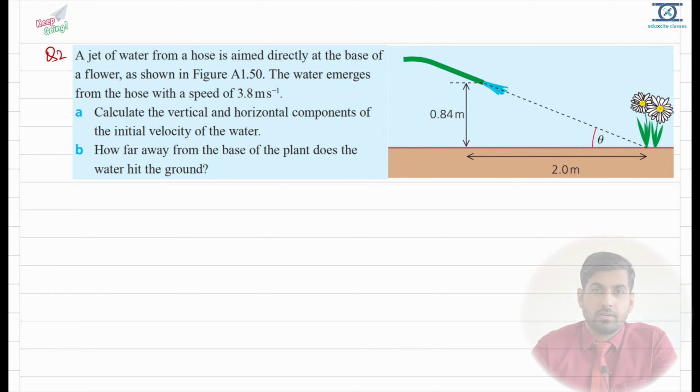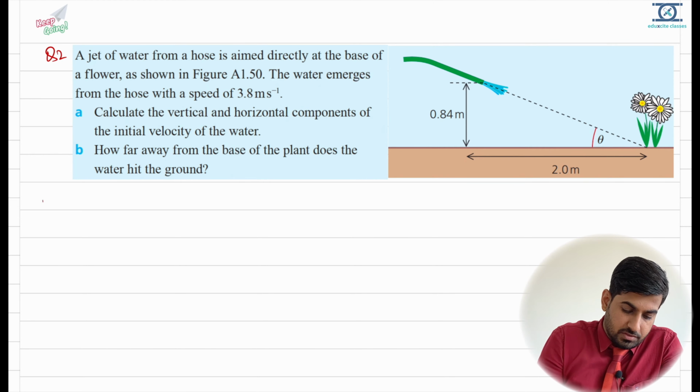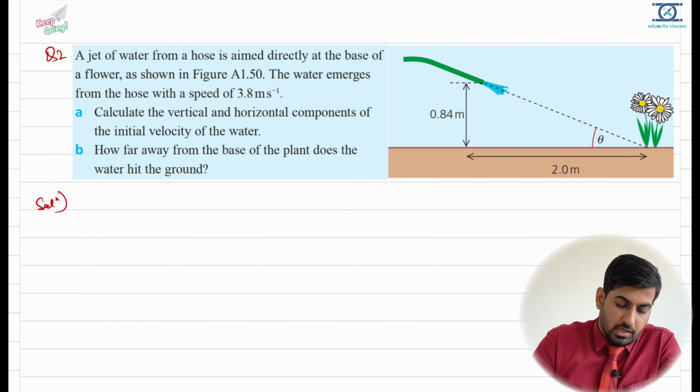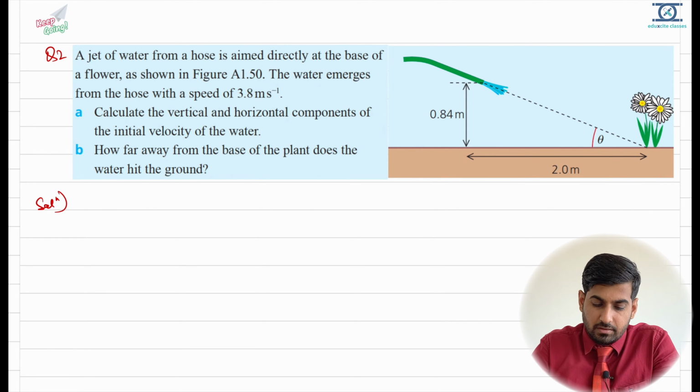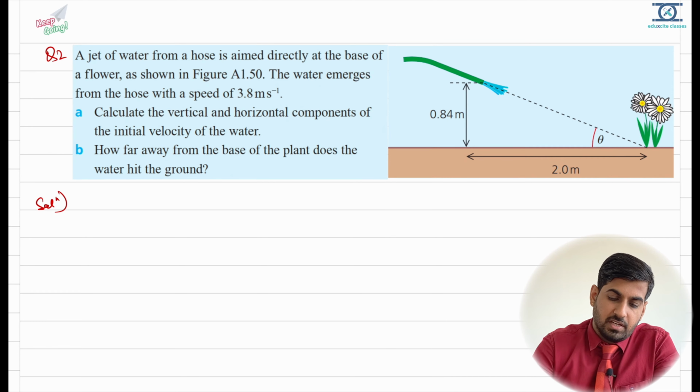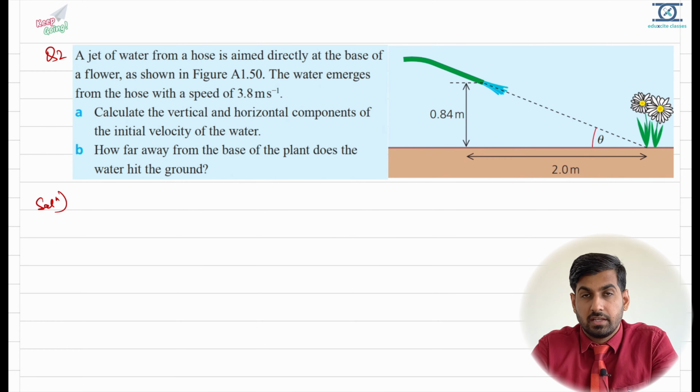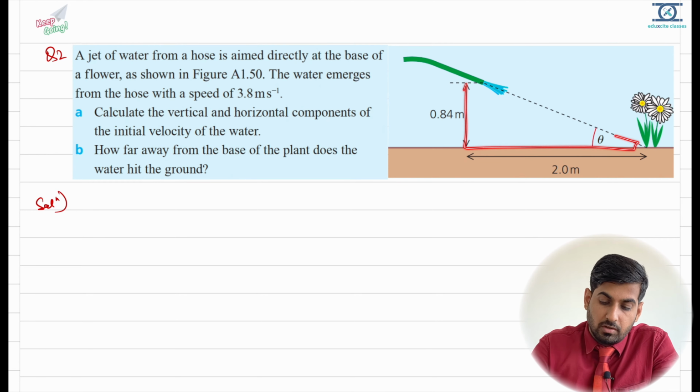Okay, now in this question, in almost all projectile motion, we have to find the horizontal and the vertical components, without which we cannot solve. But specifically why I have taken this question is because theta is not given directly, but you have to use simple trigonometry to find the value of theta.